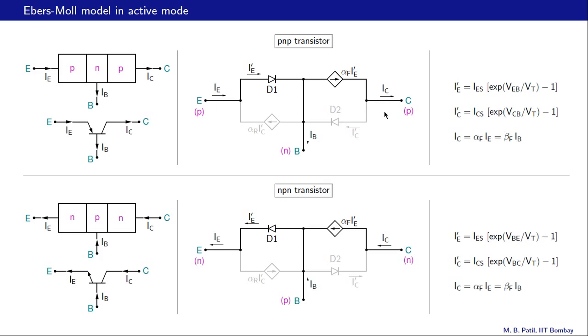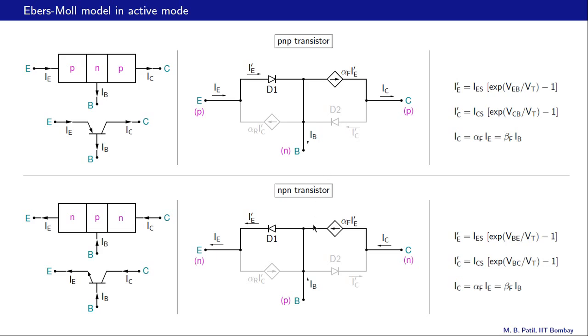Then the Ebers-Moll model boils down to D1 and this current controlled current source, and that is exactly what we considered earlier. Same thing for the NPN transistor. D1 is under forward bias, D2 is under reverse bias, so this current is negligibly small. So is this current, and therefore we are left with D1 and this current controlled current source.